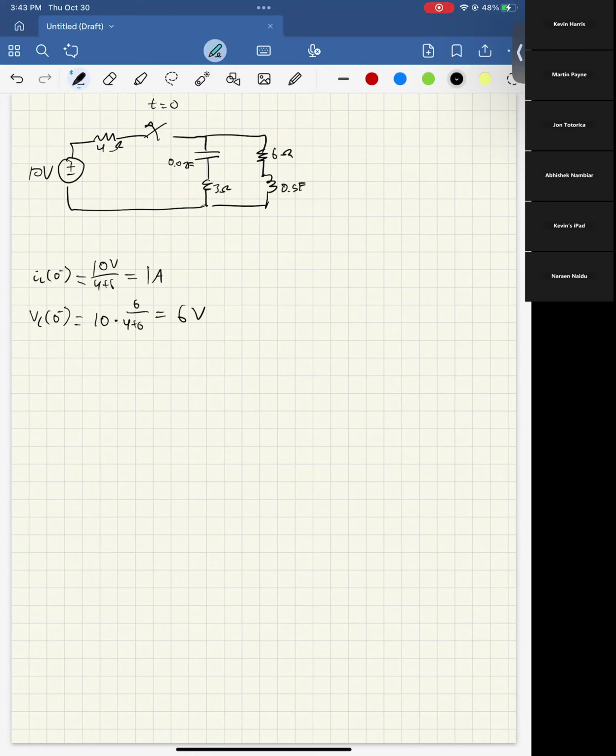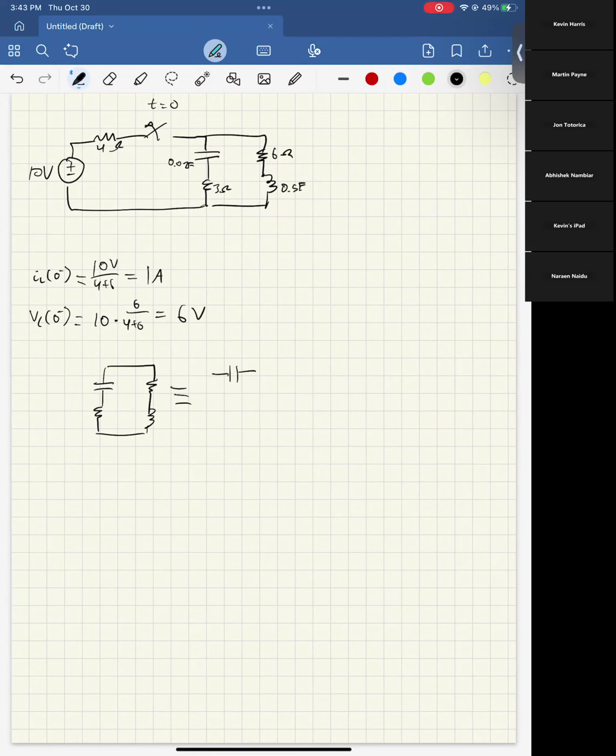Then when the switch gets moved away, we end up having this, which we can simplify by combining those two things in series there. We have the two resistors in series, right? They're not next to each other, but since they're in series, we can pretend they are.